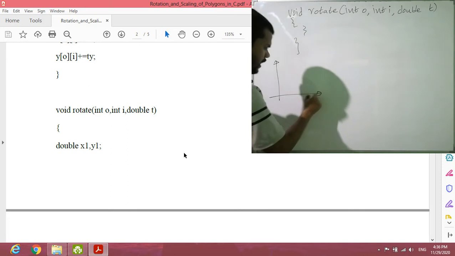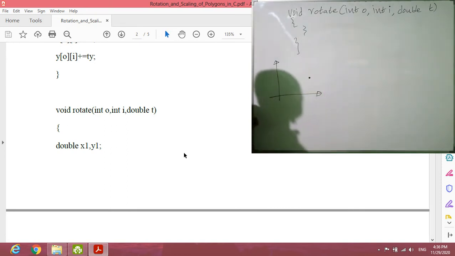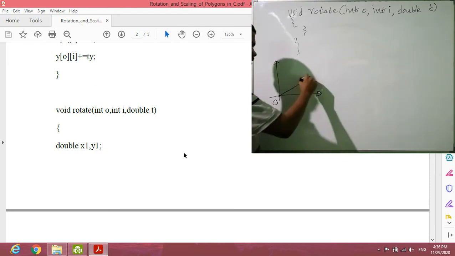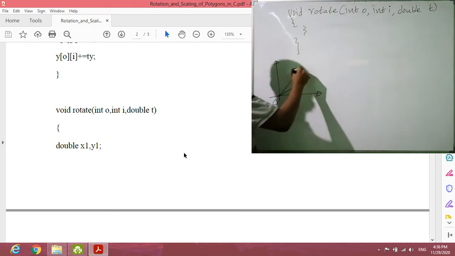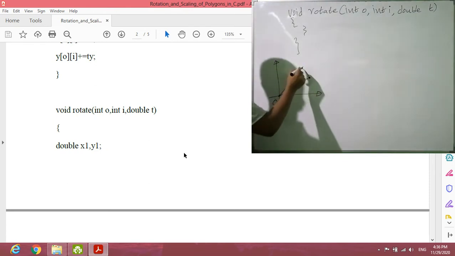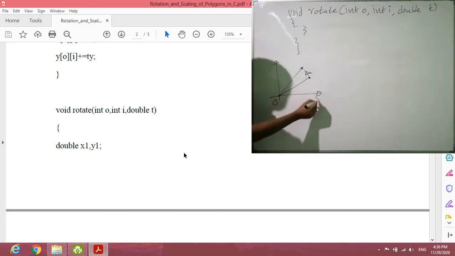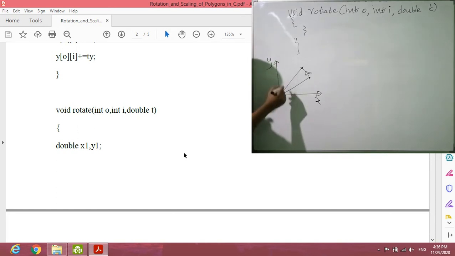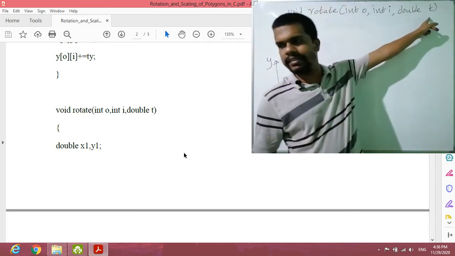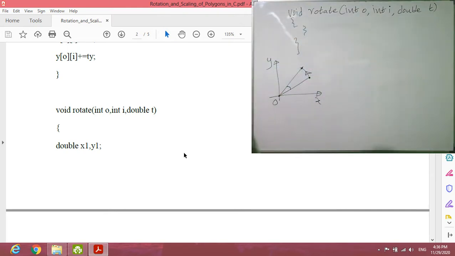Now we have a particular vertex. Around the origin, the angle you have to pass here in radians. Okay, in radians you have to pass the angle.